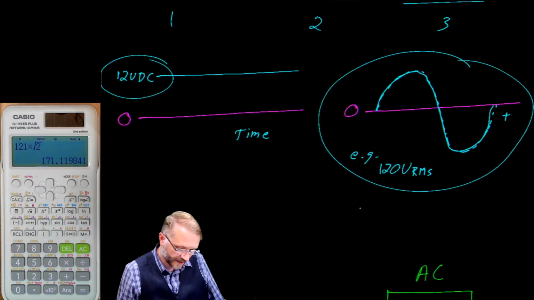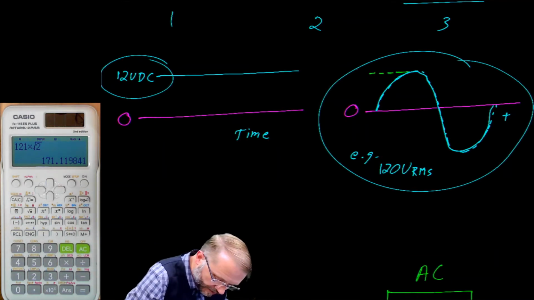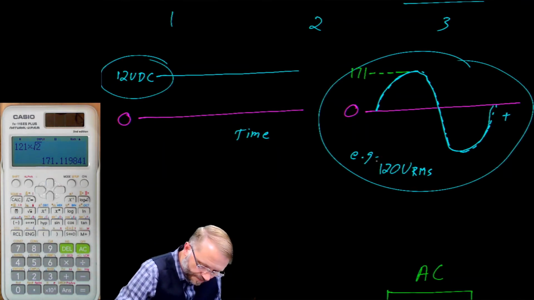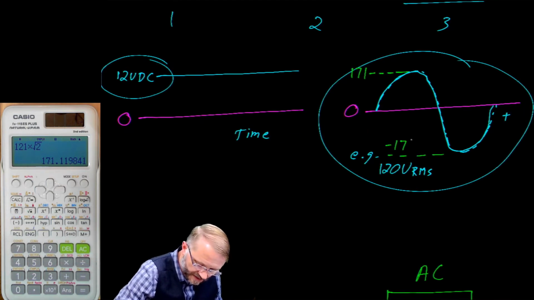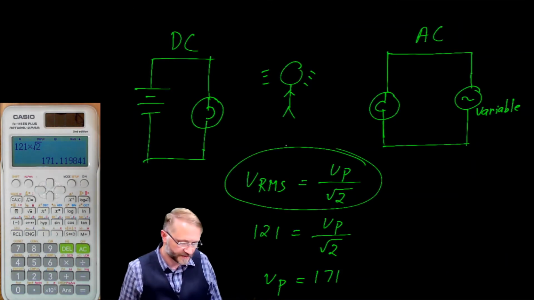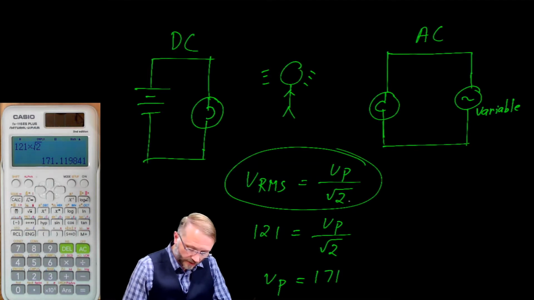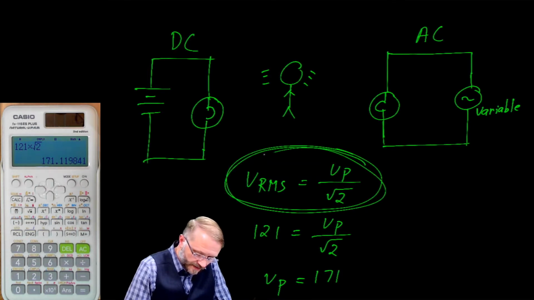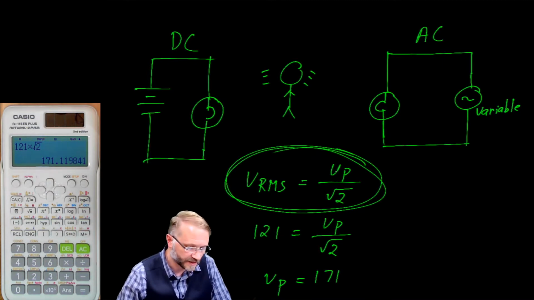So now if we come back up here, this voltage here would be about 171, and there's also a negative peak here of negative 171. Be sure to put this equation on your note card. It's very useful to us. If we had more time, we could explore the derivation of this number, but for now, just write it on your note card and be ready to use it on your exams and quizzes.